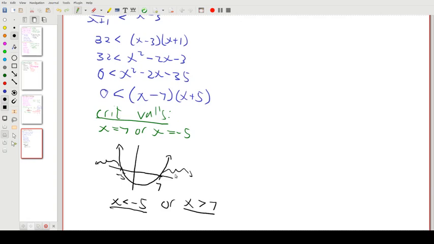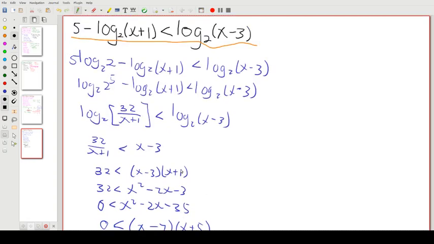Now we need some more constraints, or we have some more constraints. We know that this part, we can only have logs of positive numbers, right? So this part, x plus 1 must be greater than 0, which means that x must be greater than negative 1, another constraint.